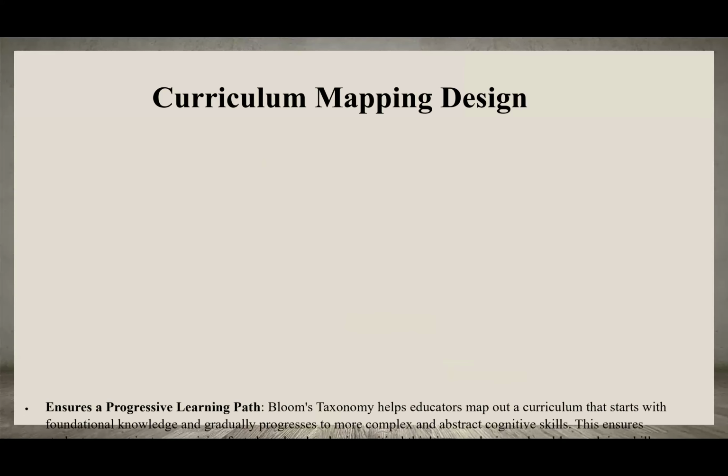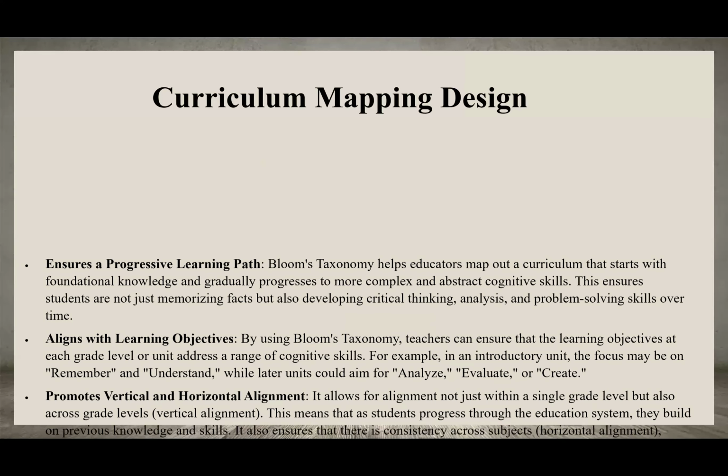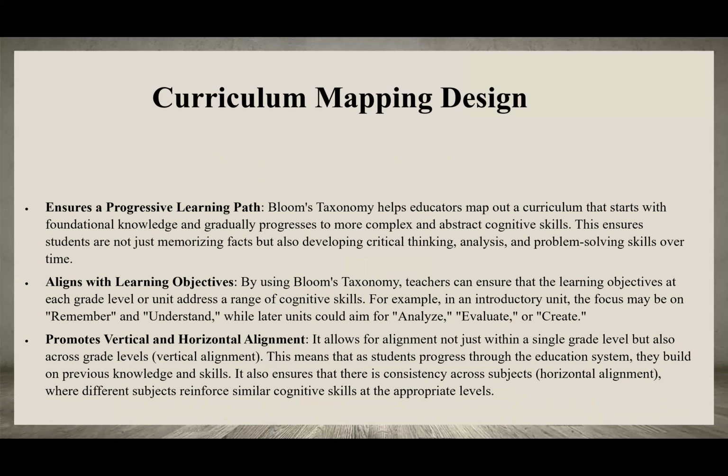Starting from the curriculum mapping design, Bloom's taxonomy helps educators map out a curriculum that starts with foundational knowledge and gradually progresses to more complex and abstract cognitive skills. This ensures students are not just memorizing facts, but also developing critical thinking, analysis, and problem-solving skills over time.